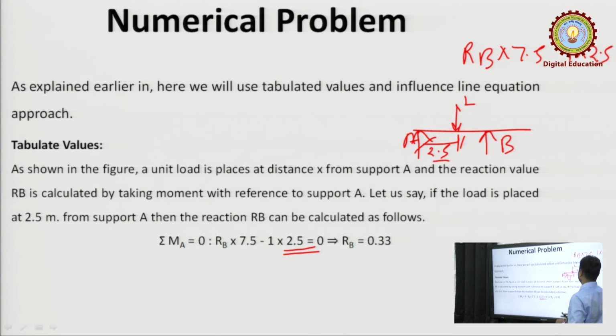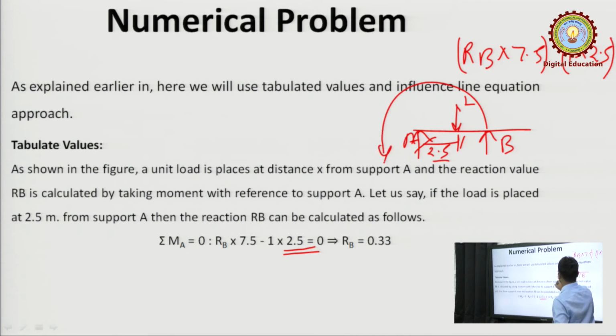Now take a sign. How will we decide a sign? As we can see, it will move in an anti-clockwise direction. If this wheel is moving in an anti-clockwise direction, here we will take a negative sign. Similarly, this unit load is going in a clockwise direction.